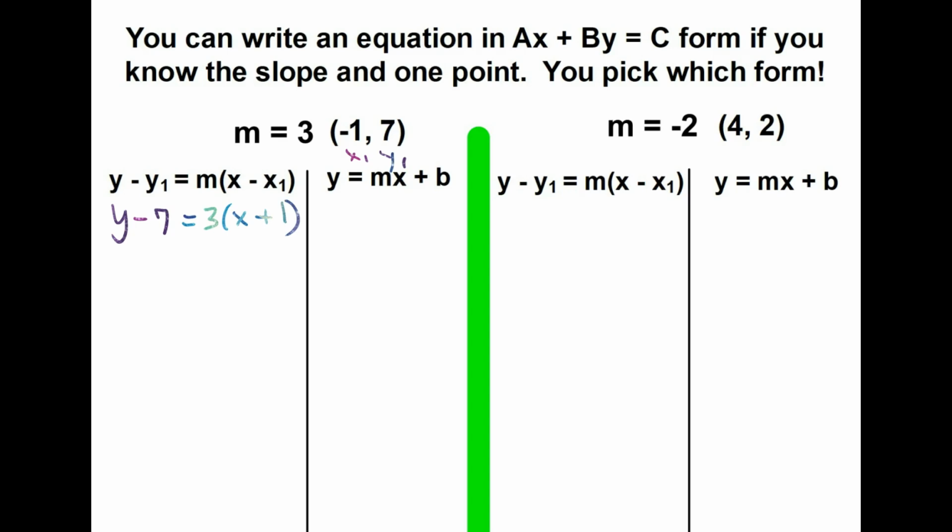So we want to put this in standard form. We're going to distribute as such. So we get y minus 7 is equal to 3x plus 3.